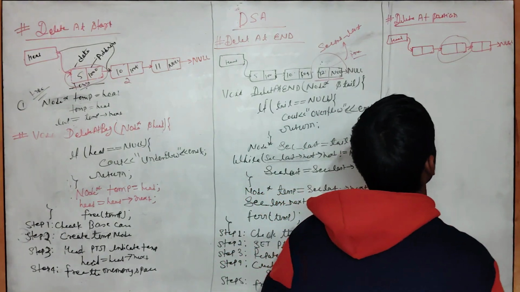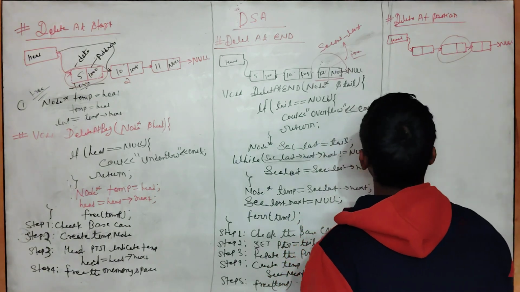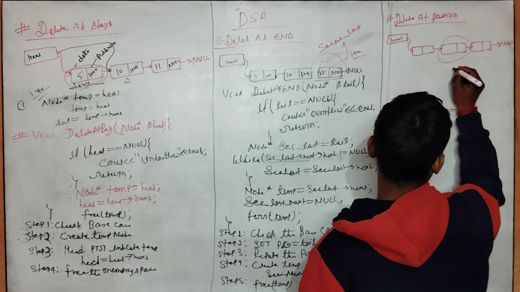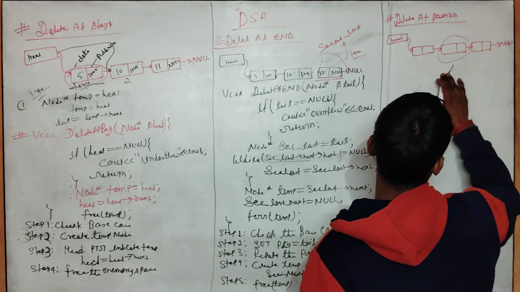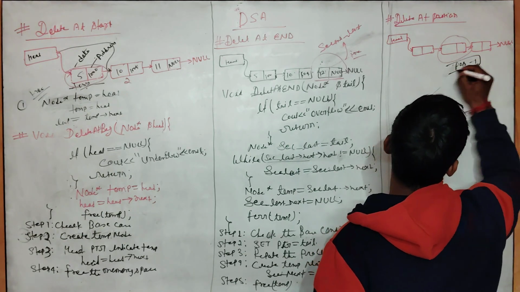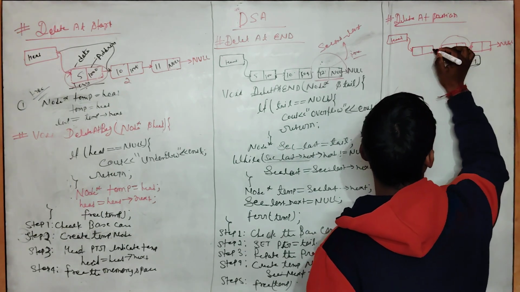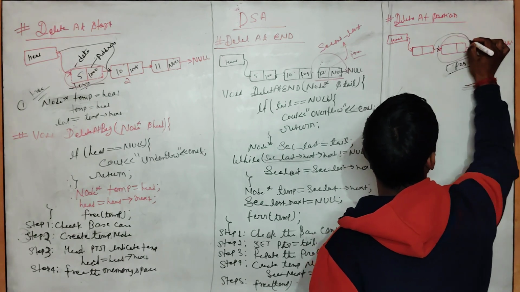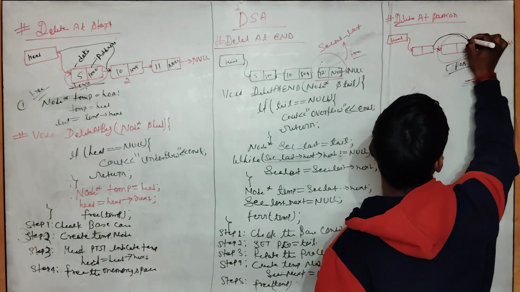I want to delete this node. How can we delete? Firstly, you need to traverse the linked list, up to position minus 1. Then this pointer will be cut and it will denote this node.